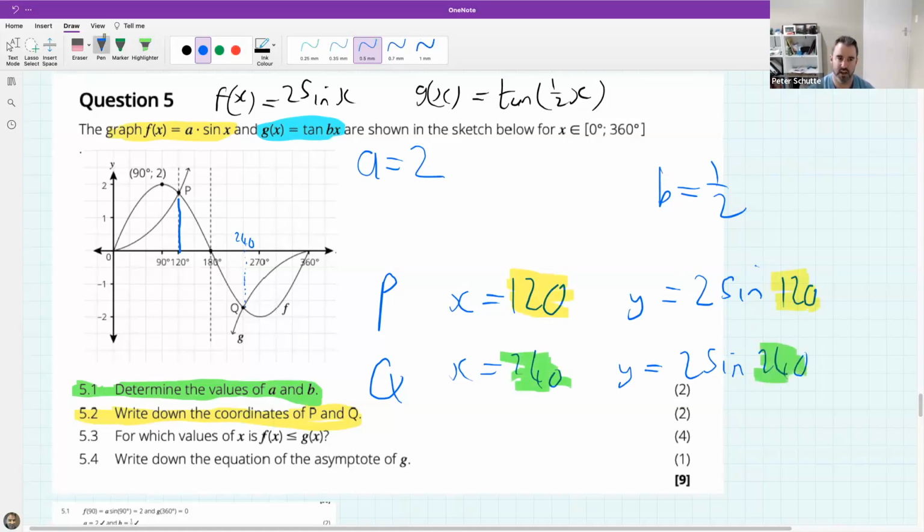You're going to have to help me with a calculator what you get. For P, it seems like we get 1.73. What do we get for the Y coordinate of Q? So we are going to get, it seems, minus 1.73.